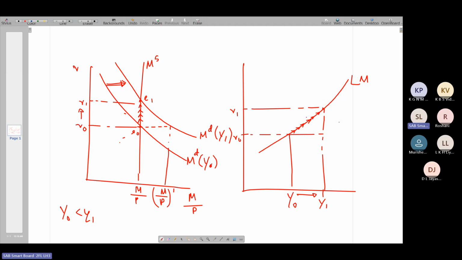So when income increases, the interest rate also increases. The initial income increase creates excess money demand, and as a result the interest rate also increases. We know how the money market equilibrium occurs at both points. Therefore, the LM curve is upward, positively sloped.